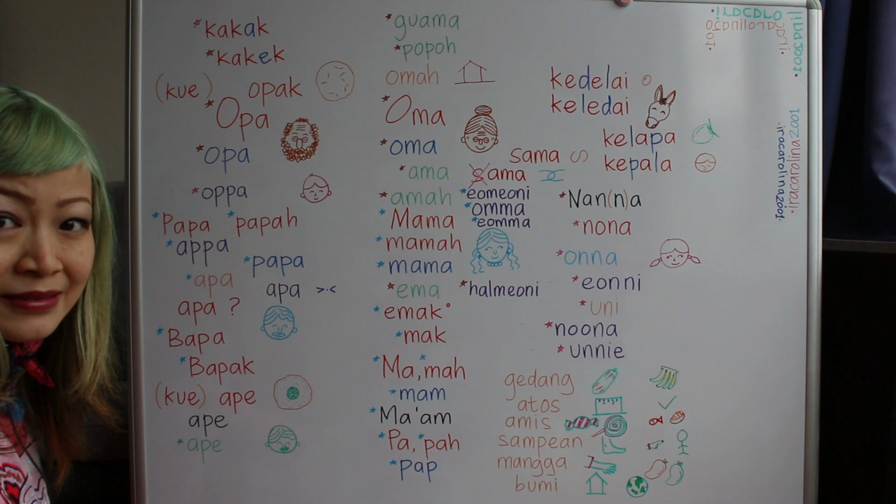Amis in Sundanese language or West Java province, amis is sweet, sweet flavor. But amis in Indonesian language or bahasa Indonesia is fishy flavor.